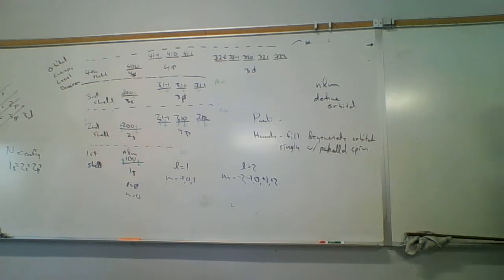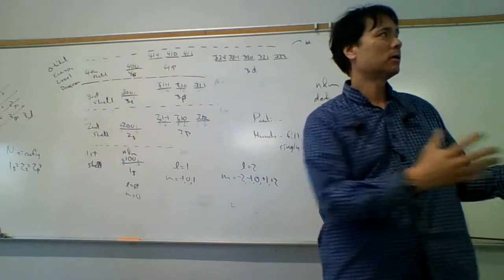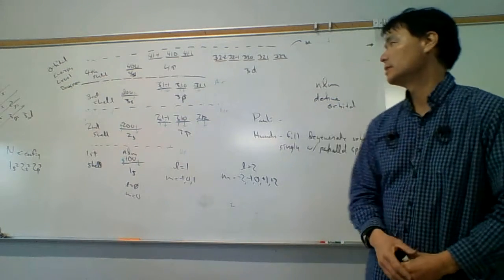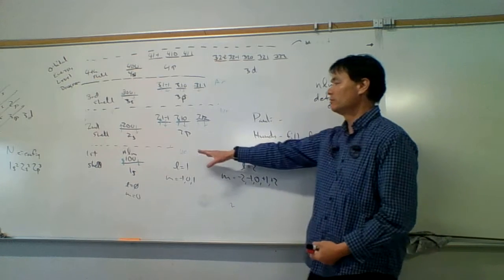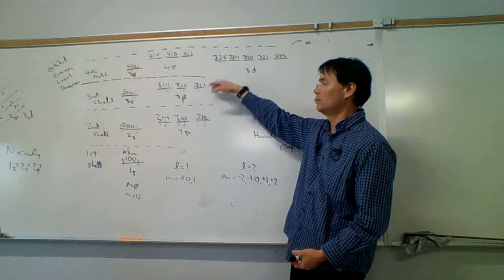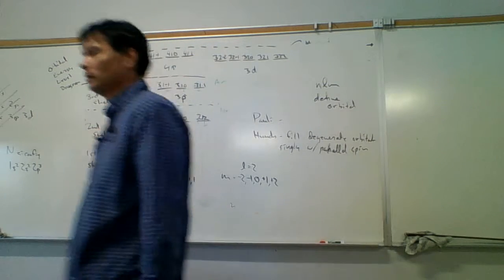And so the basis of the periodic table is quantum mechanics. This would be the first row of the periodic table, the second row, the third row, the fourth row.